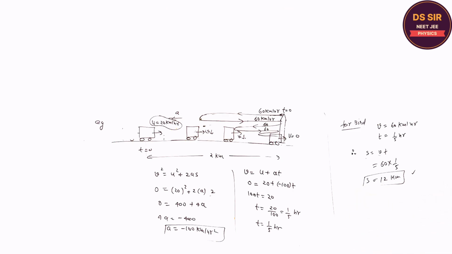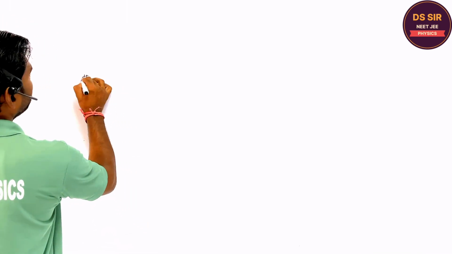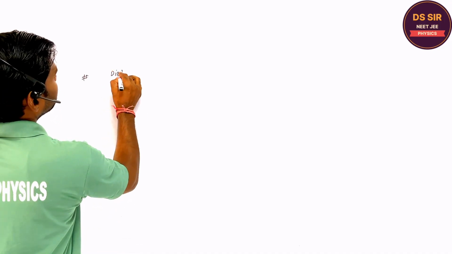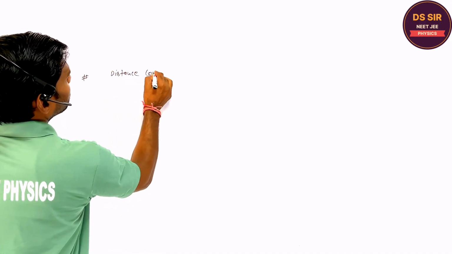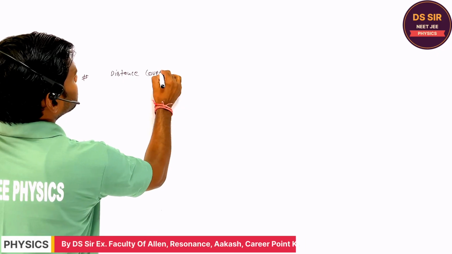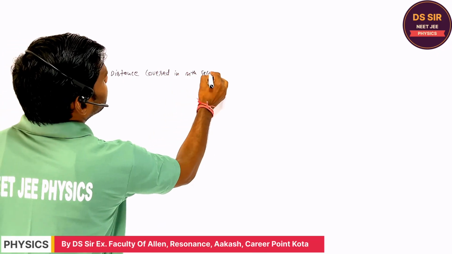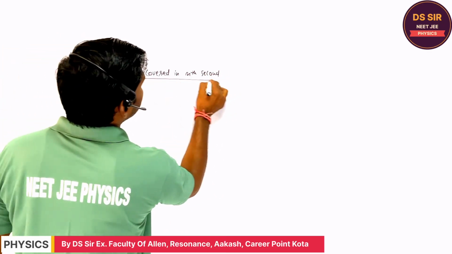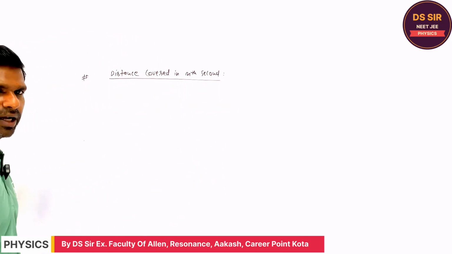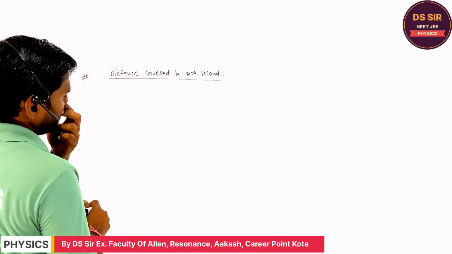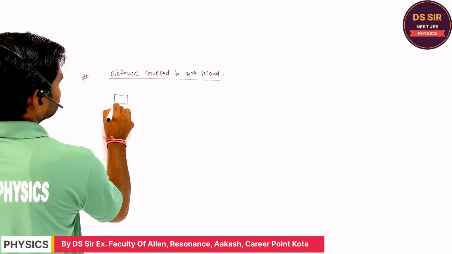Right, copy this. Now the next topic, an important concept, is the distance covered in nth second. Distance covered in nth second, right? What is the distance covered in nth second? For example, I'm giving you an illustration.